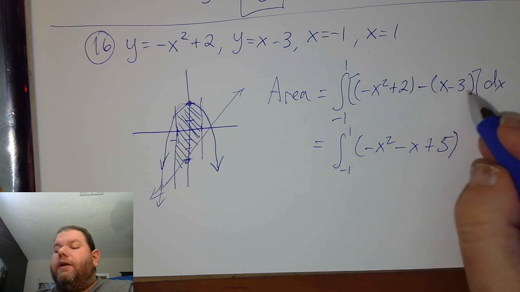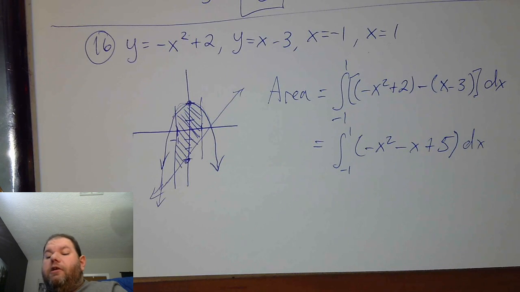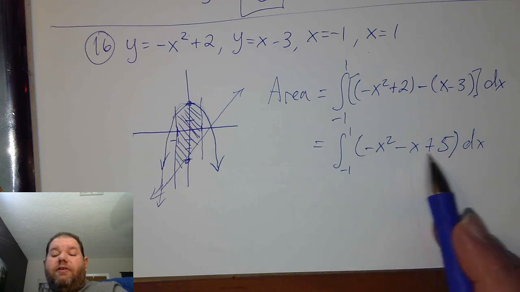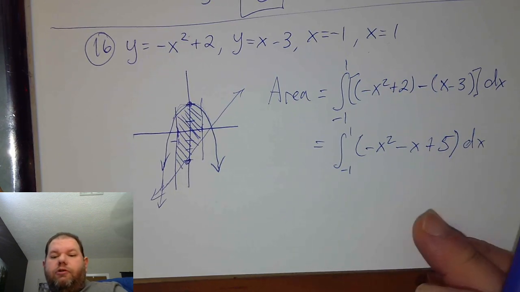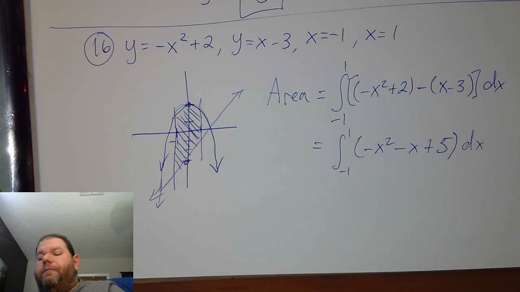Yeah, 2 minus -3. And that's probably why they didn't ask us to find the area between the two curves, because this is not factorable, so it wouldn't be easy to find those points where they intersect. Anyhow, that's the equation that we're given.